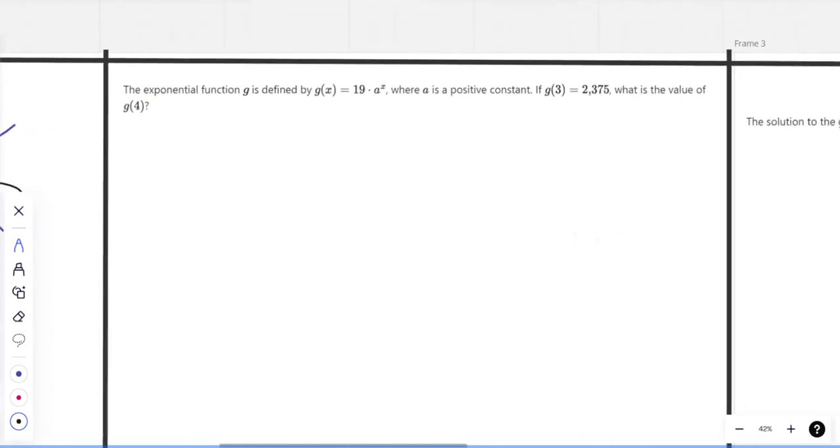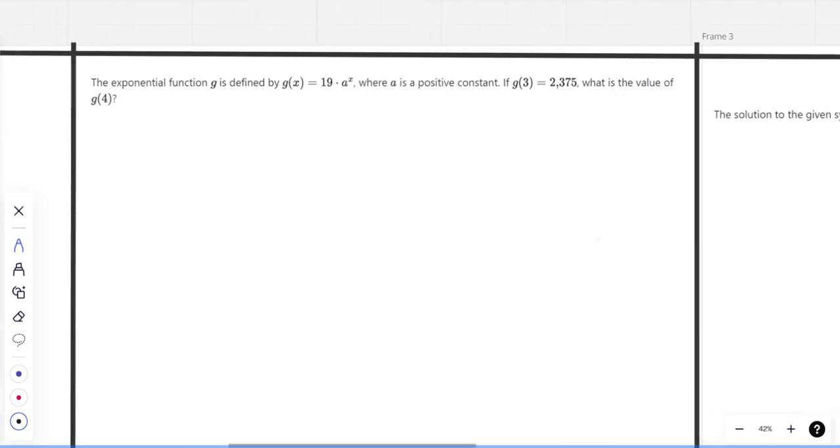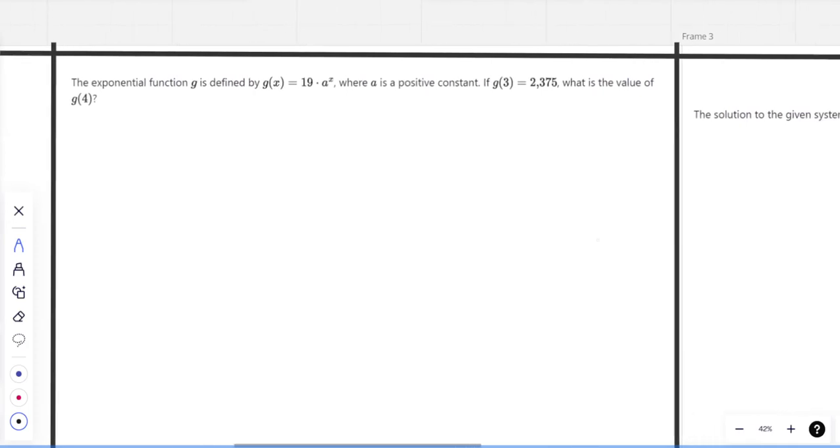This one is talking about an exponential function g defined by g of x equals 19 times a to the x, where a is a positive constant. If g of 3 equals 2,375, what is the value of g of 4? Okay, if a is a positive constant, we should be able to solve for it, right?